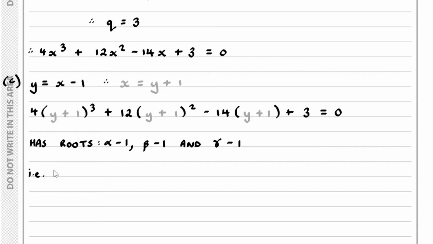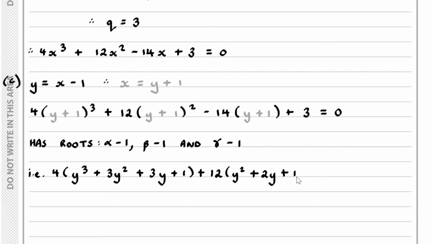So, we have 4 multiplied by, well, cubing y plus 1, we have y cubed plus 3y squared plus 3y plus 1, squaring y plus 1, we end up with y squared plus 2y plus 1, then we subtract 14 times y plus 1, we add 3, the result is 0.